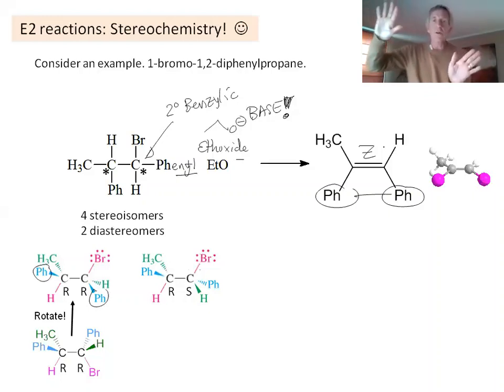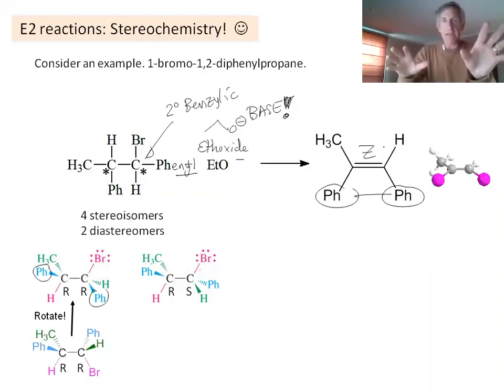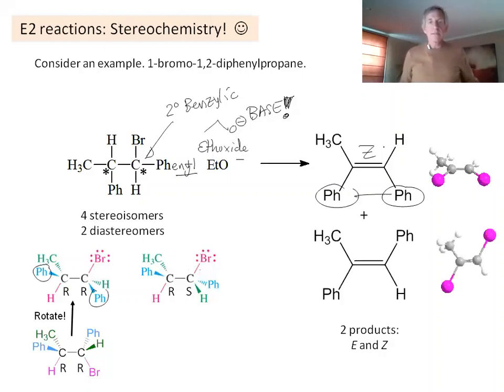And in doing so, one of the phenyl groups is sticking out at you on the left-hand carbon, and on the right-hand carbon, one is far away from you. So then when you do the elimination and make the alkene, what happens? They're on opposite sides of the chain, so they will end up being on opposite sides of the alkene. And you will get E.